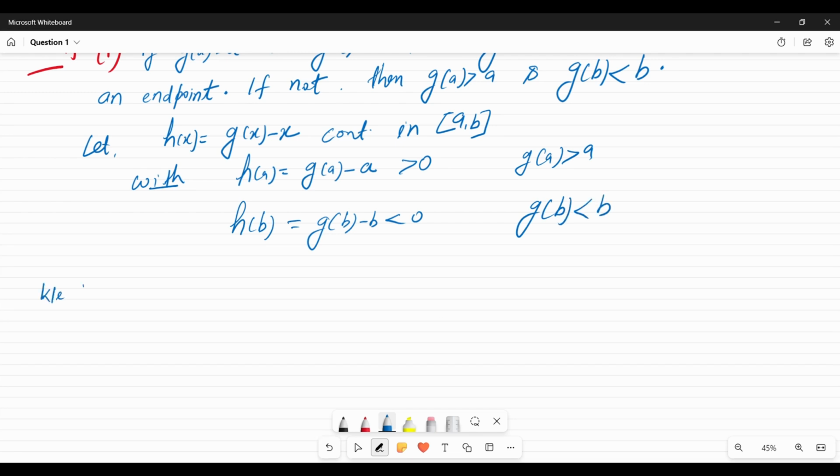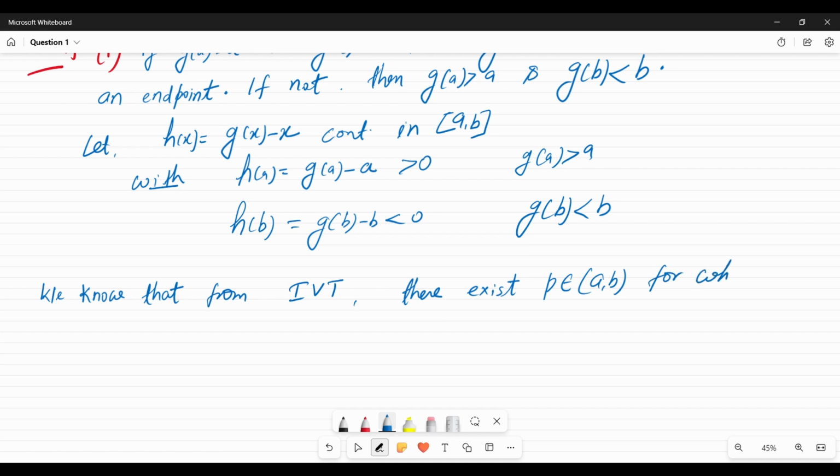We know that from the IVT, the intermediate value theorem, there exists p belongs to (a, b) for which h(p) is equal to 0.